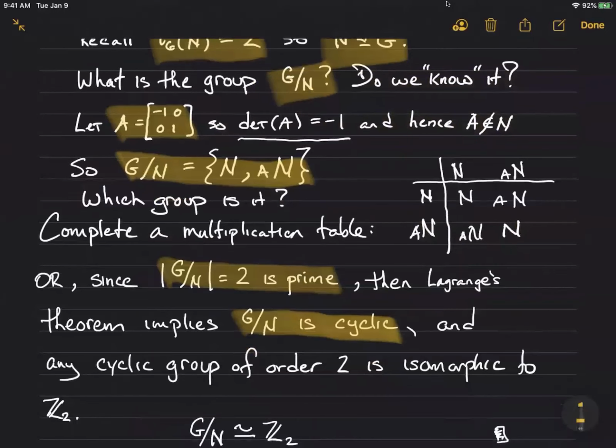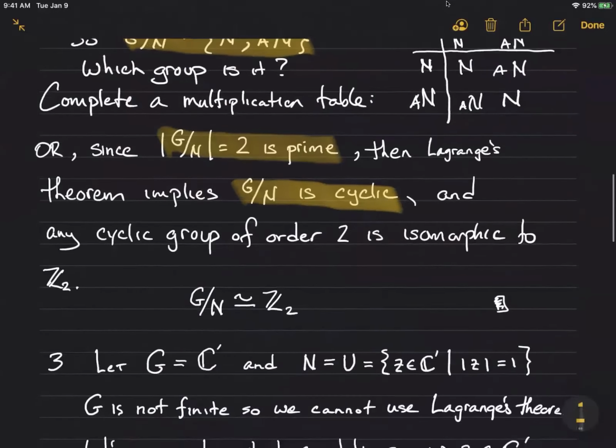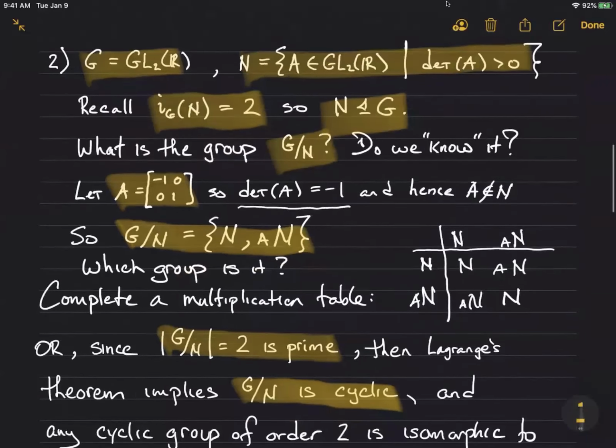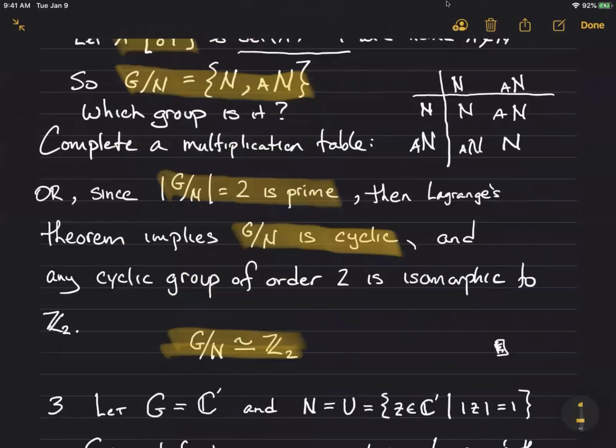So a cyclic group of order 2, we've nailed it. This group of matrices quotiented out by N, or this symbol, G mod N, is just isomorphic to Z2.